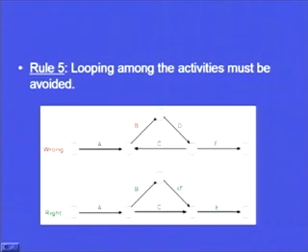Similarly, D cannot start until and unless B is completed. So, when B activity will get completed, then only activity D will start. And E activity, which is the last activity of this small project, is dependent on D and C. So, whenever activity C and activity D will be completed, thereafter only activity E can start.